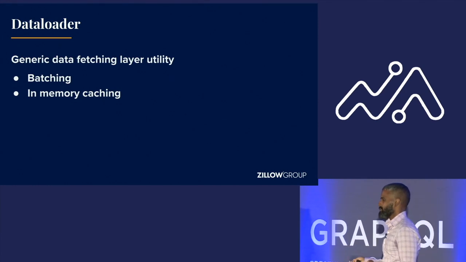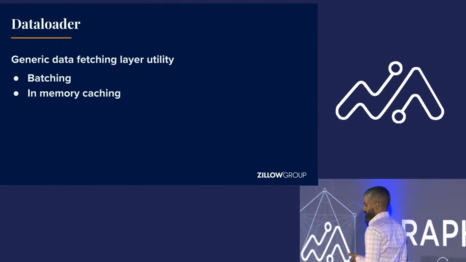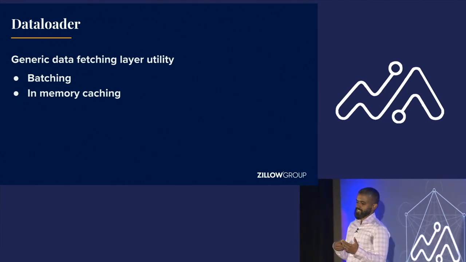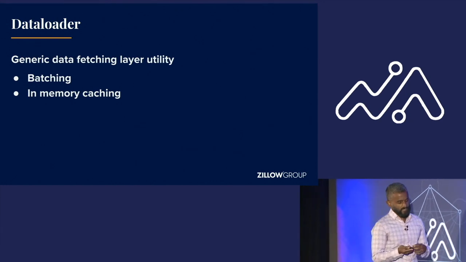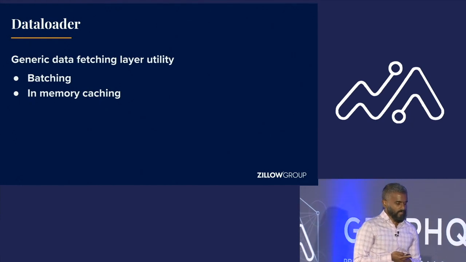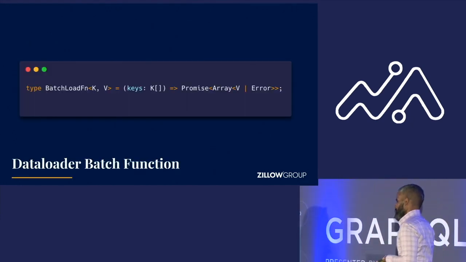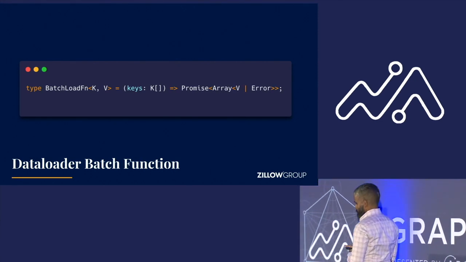At a high level, all it does is collect the keys that are being requested in a given event loop tick. It's going to make just one request to the backend API for all the keys that were requested. And it's going to return a promise that's going to eventually resolve to a collection of values.